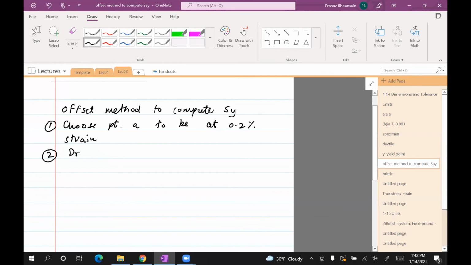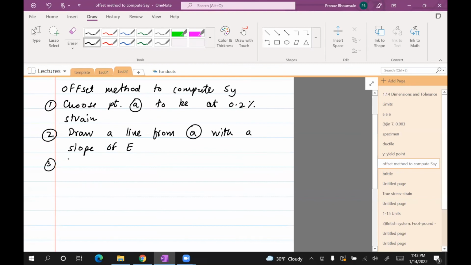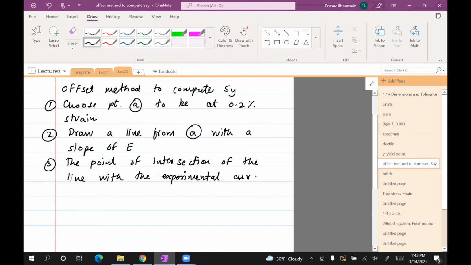Second, draw a line from A with a slope of E, and then the point of intersection of the line with the experimental curve gives the yield strength.